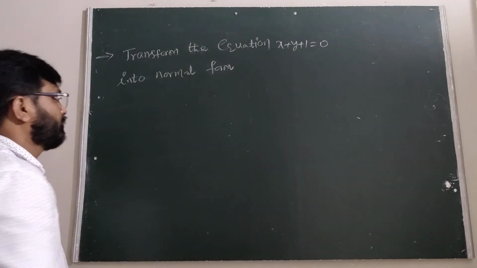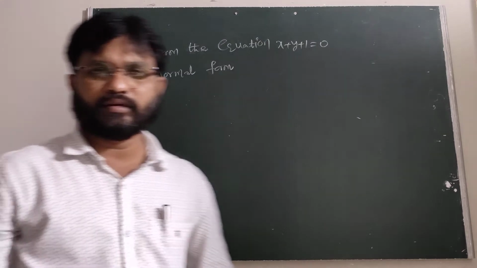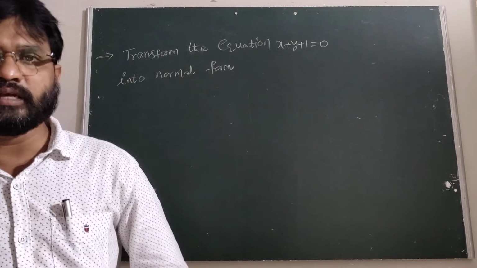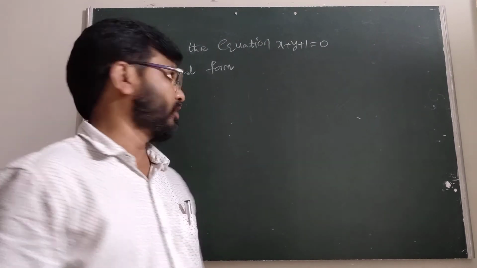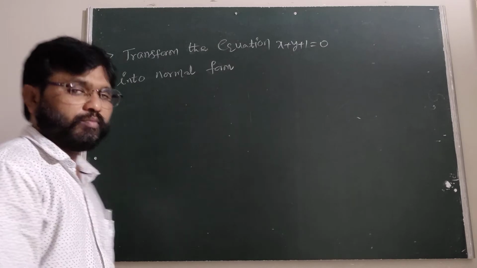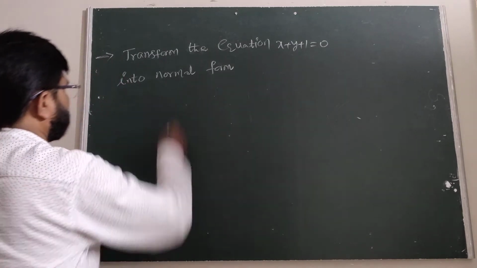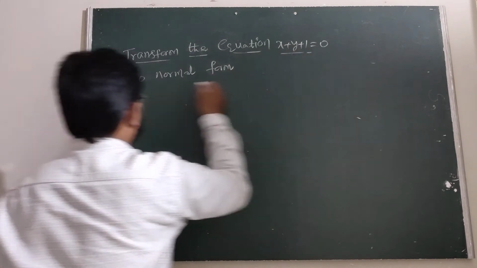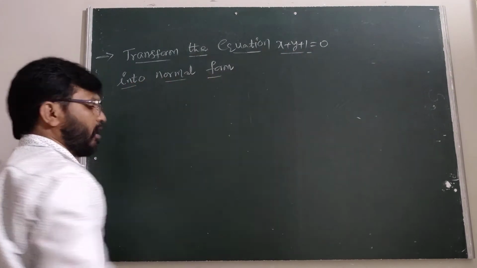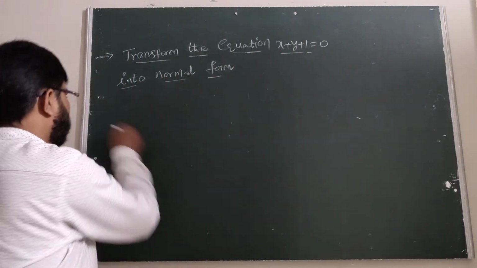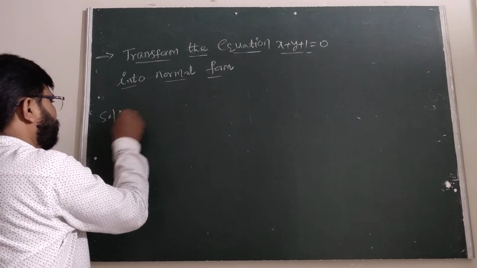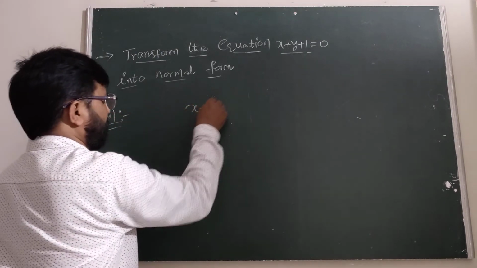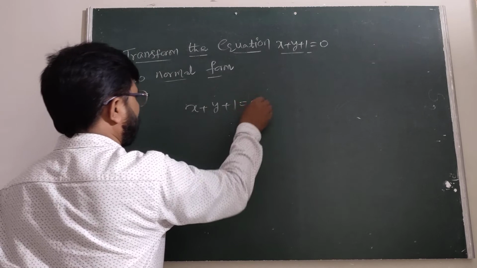Okay. Now today we are going to discuss how to transform the equation x plus y plus 1 equal to 0 into the normal form. First we take the equation of the straight line, x plus y plus 1 equal to 0.